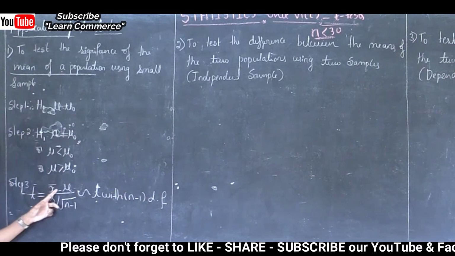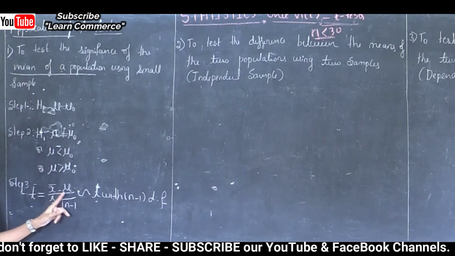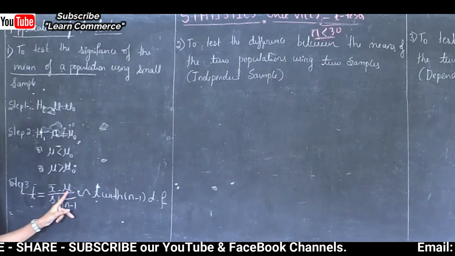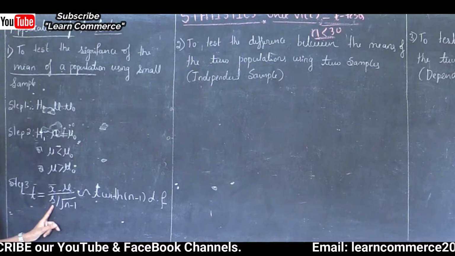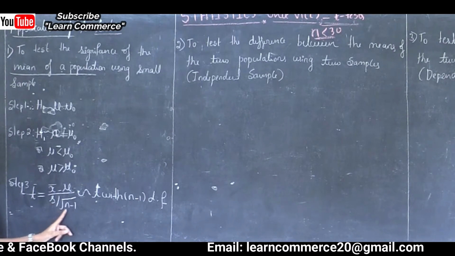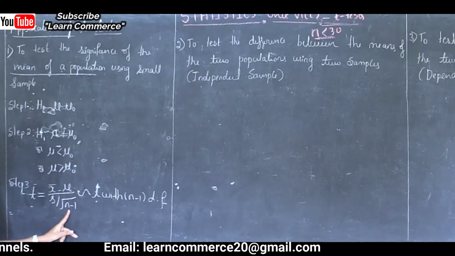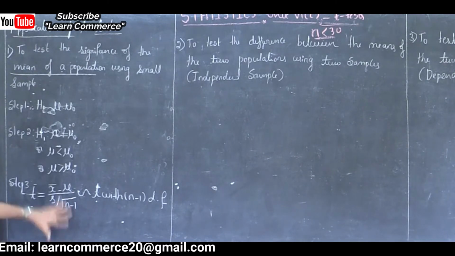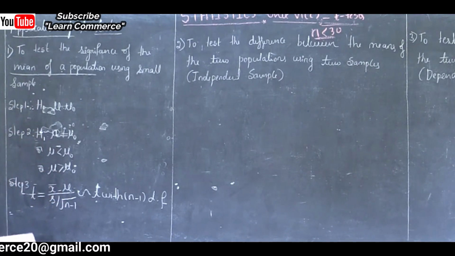Here x bar is the sample mean, mu is the hypothetical mean of the population, s is the standard deviation of the sample, and n is the sample size. This is the formula to test the significance of the mean of a population using a small sample.